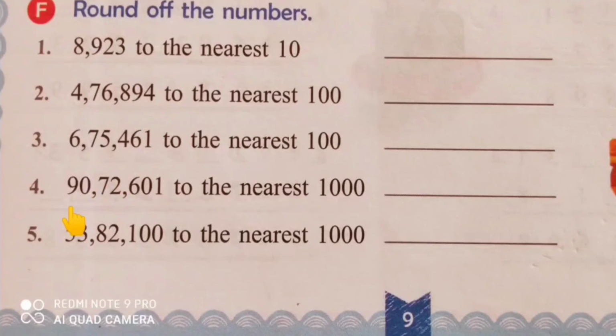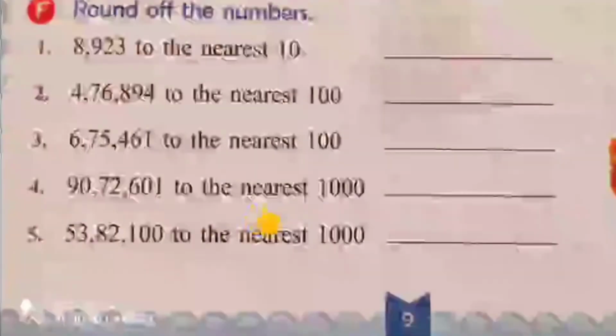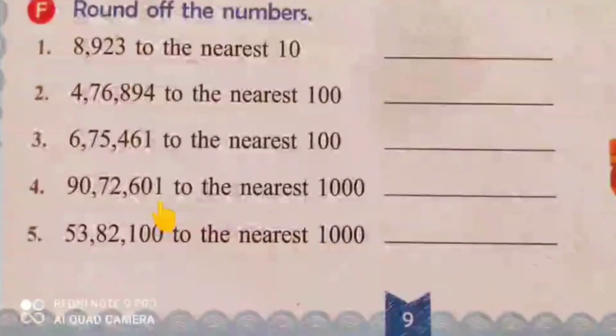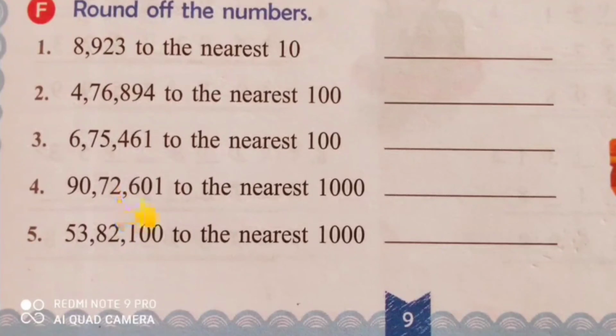Next, we'll go for the fourth one. This is 90,72,601 to the nearest 1,000. First, we'll write the place values: ones, tens, hundreds and thousands. So the thousands place is 2, hundreds place 6. We have to see the nearest 1,000. So the hundreds digit 6 is above 5.